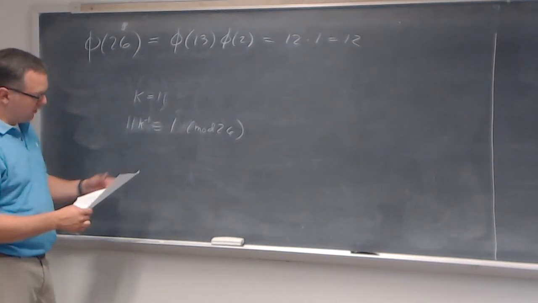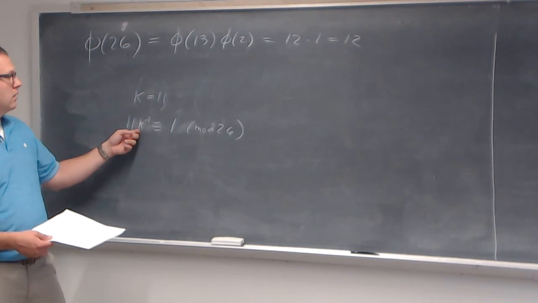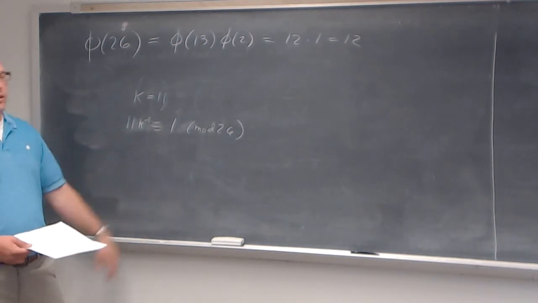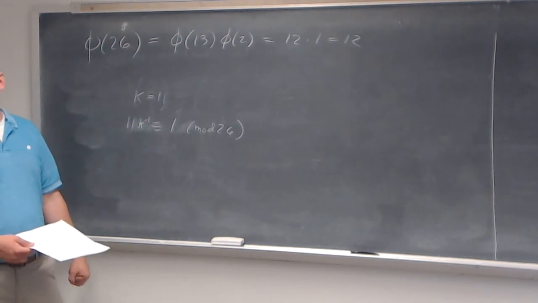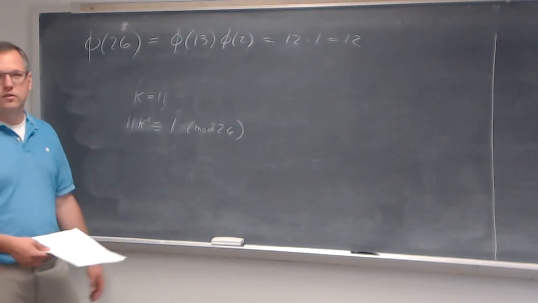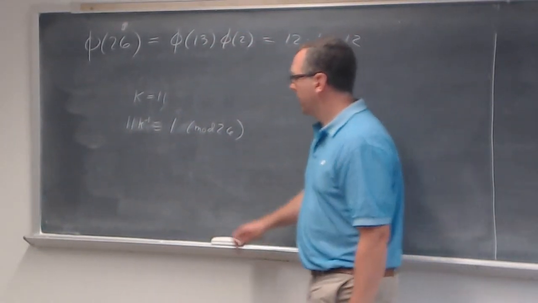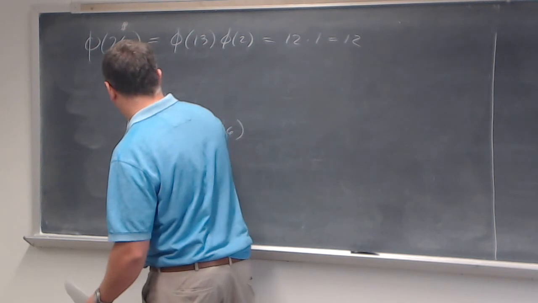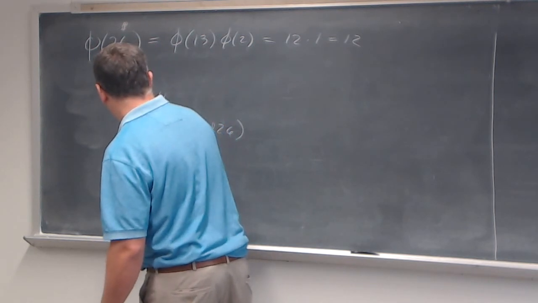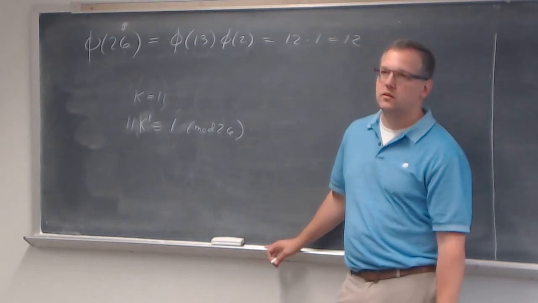That's how you would solve for the inverse of k. Why don't you guys do that? Find the inverse of 11 mod 26. Do you guys have calculators? Solve 11 times k inverse equals 1 mod 26.